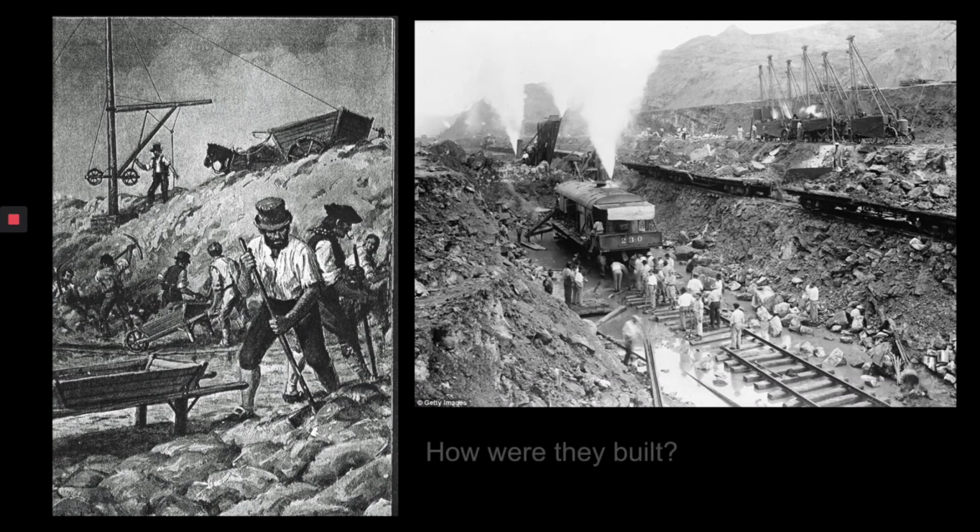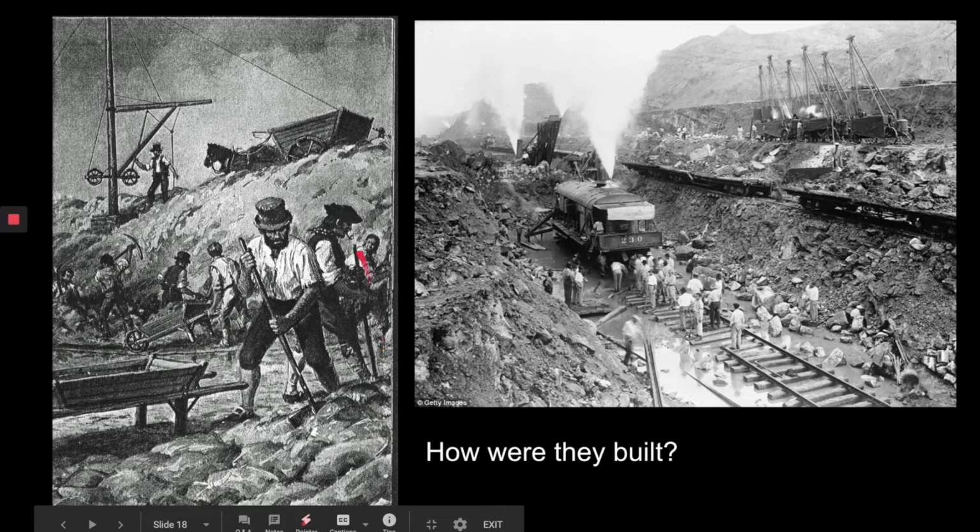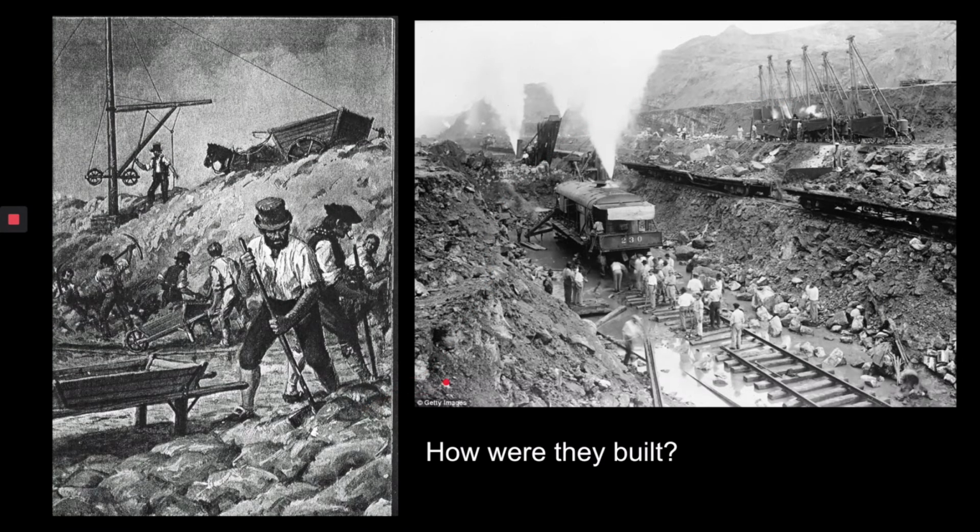Now, how were they built? This picture here is just an illustration of the canals in our country being built. And this is a real photograph of the Panama Canal being built. So what is the same and what is different? Now, when the canals were built here in the UK, did they have any big machinery?